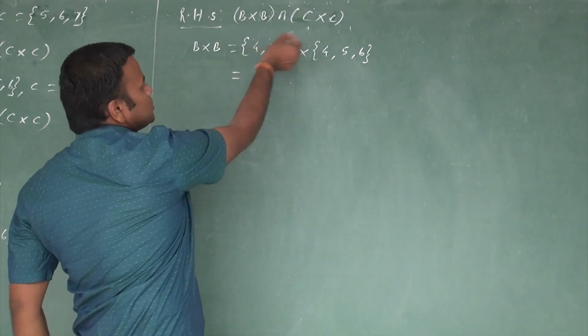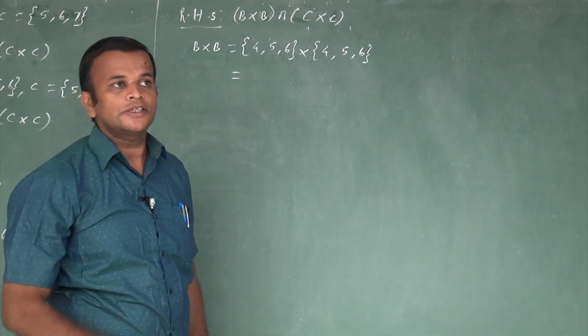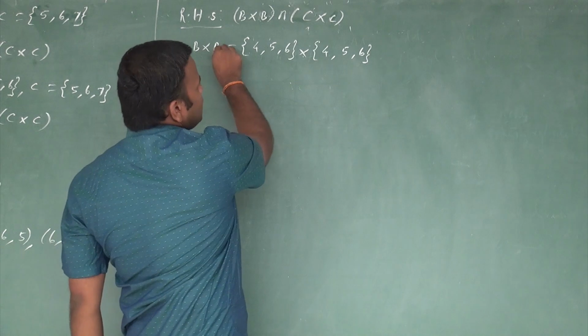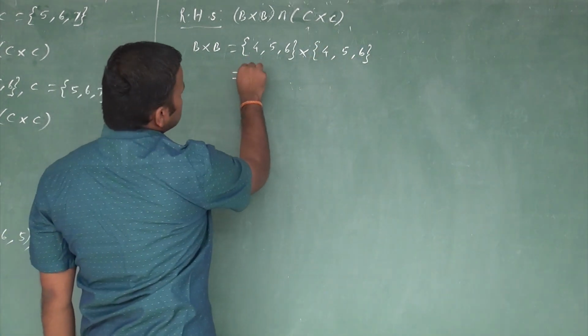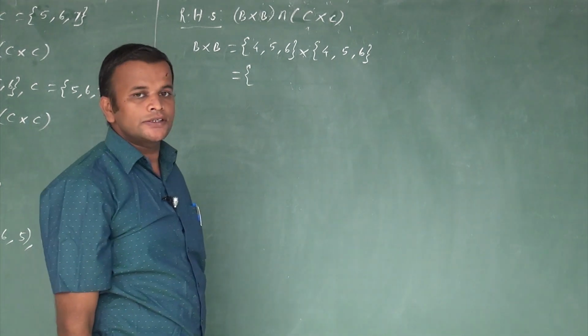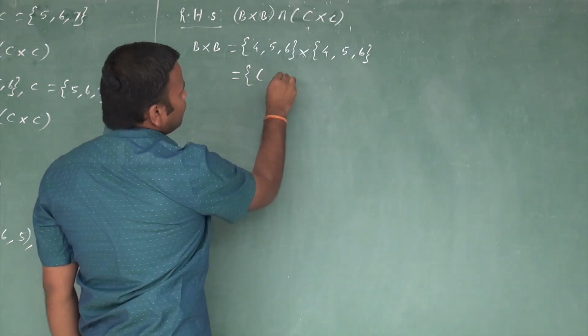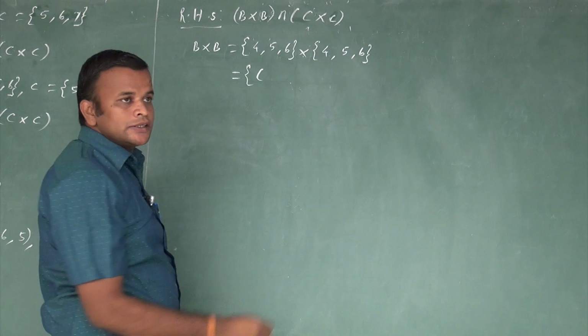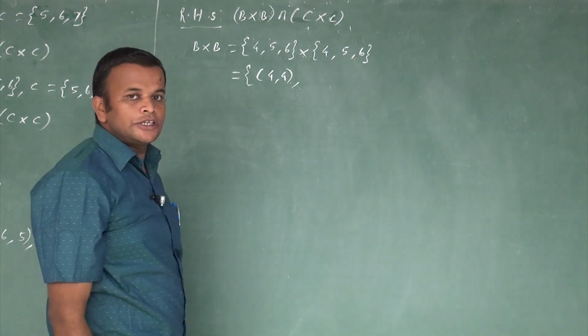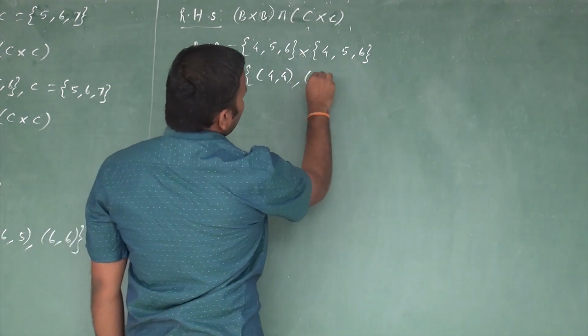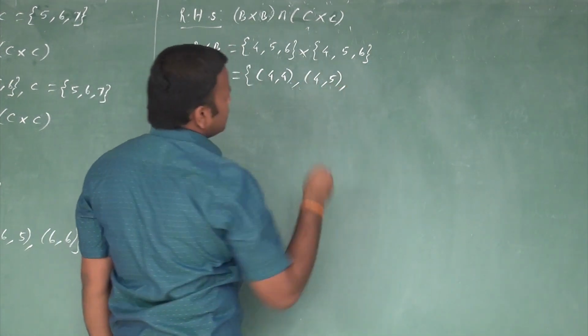So these are the elements of B: 4 comma 5 comma 6. Cross, again 4 comma 5 comma 6. First we find the Cartesian product of these two sets. The first possible ordered pair is 4 comma 4. Next one is 4 comma 5.